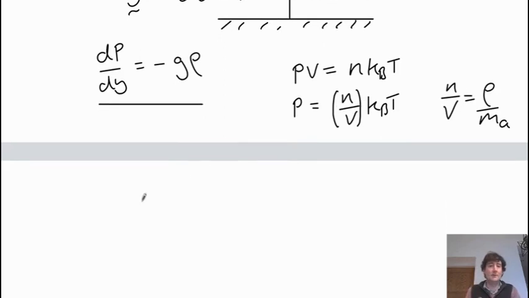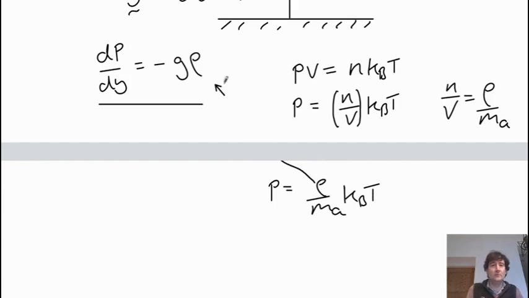So here we have P is equal to rho over m_A kBT. And this is going to let us substitute essentially this rho into this term here.